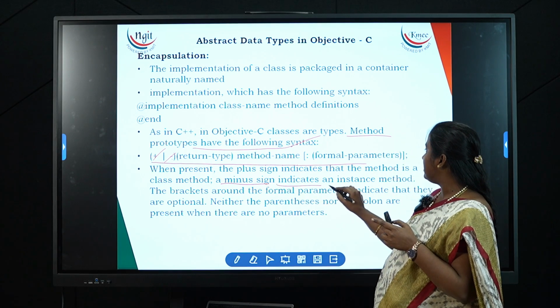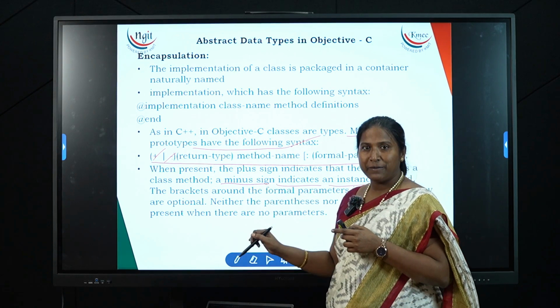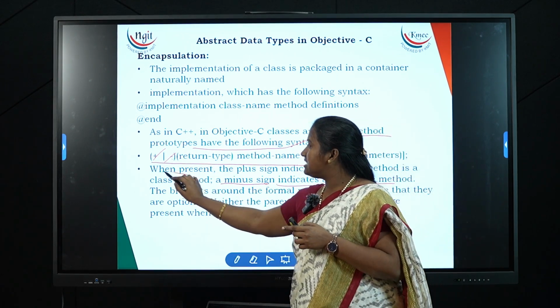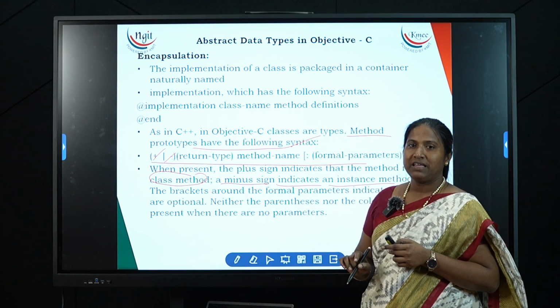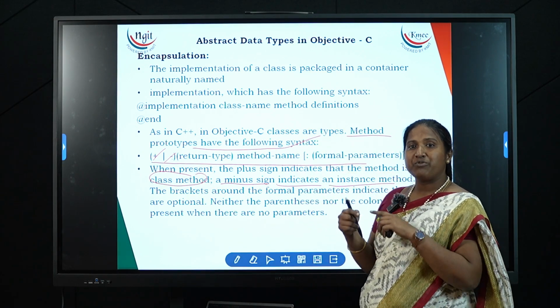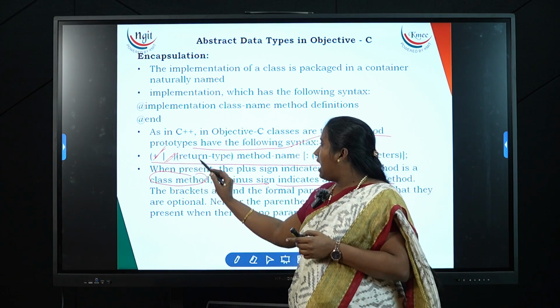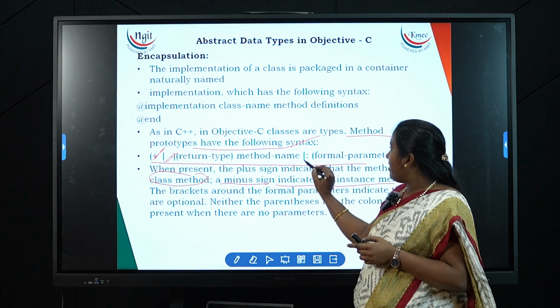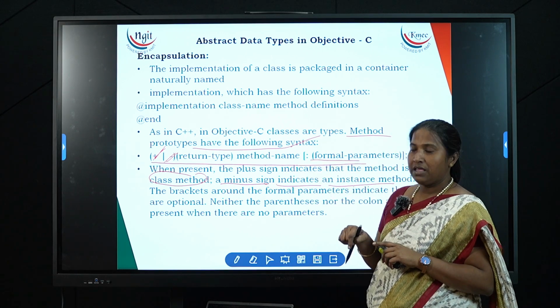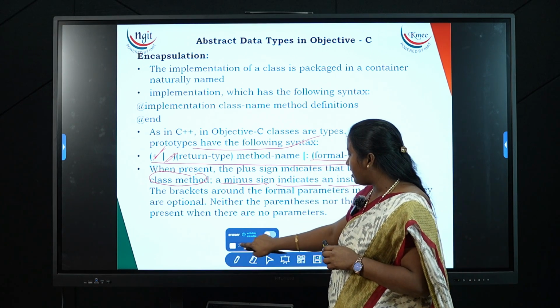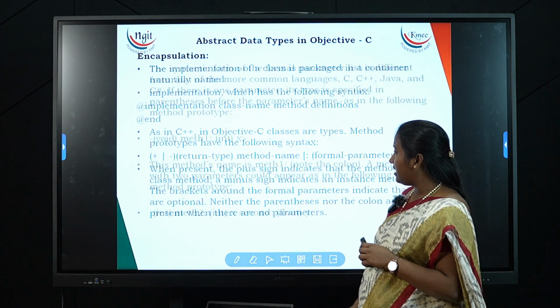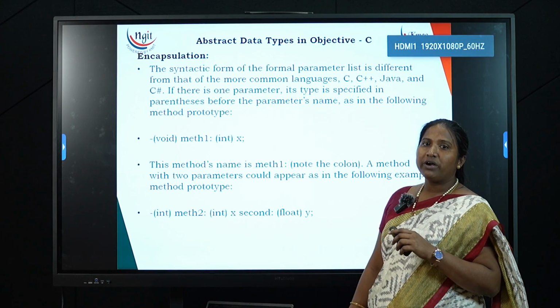Minus sign indicates an instance method. Plus sign indicates a class method. Each method in the program will start either with plus or with minus, and it will have parameters. We'll see some examples of how parameters are given and how a method gets created in Objective-C.